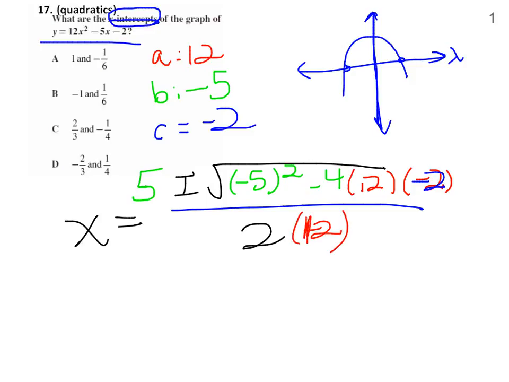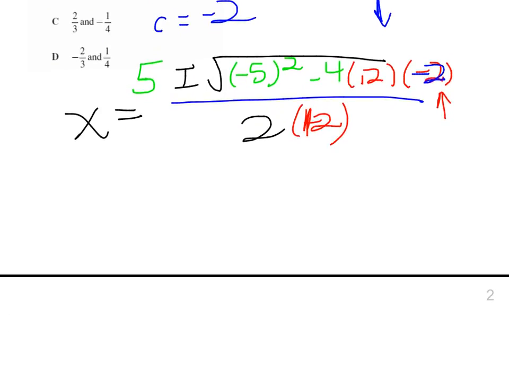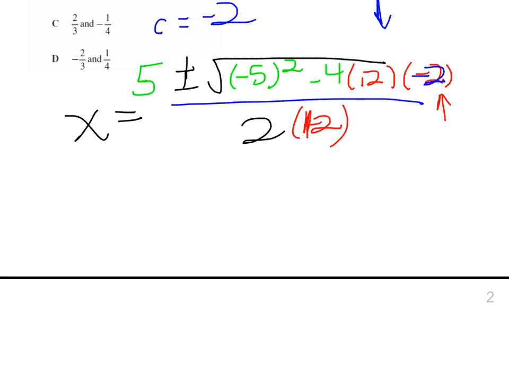Alright, remember you have to do what's inside the radical first, and all that stuff. Now, I'm not going to go over more examples of the quadratic formula.